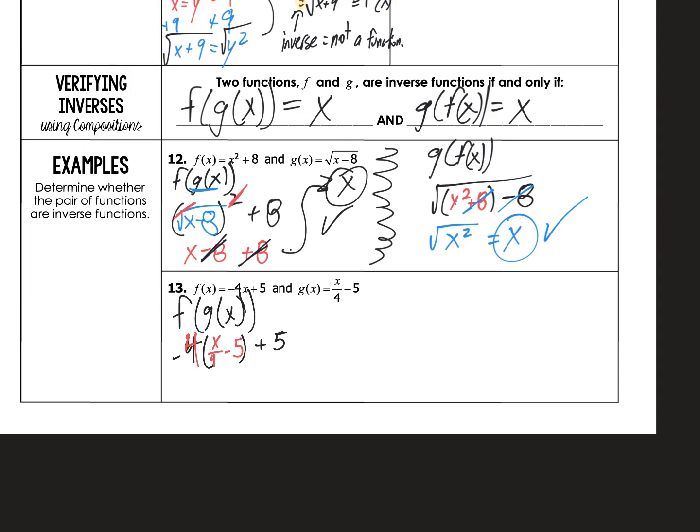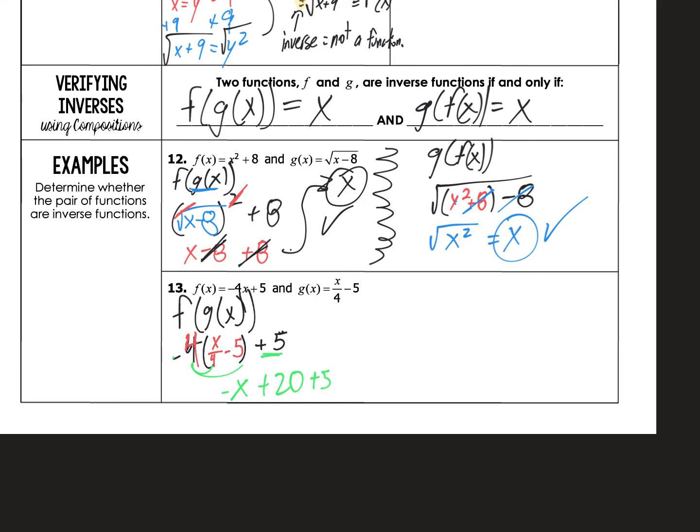And it's really easy to get excited and be like, I'm going to cross these 4's out. However, guys, this negative 4 is going to actually distribute into here. So negative 4 and over 4, those are going to cancel out. I'm going to be getting negative x, and negative 4 times negative 5 is plus 20. And then don't forget about that plus 5.